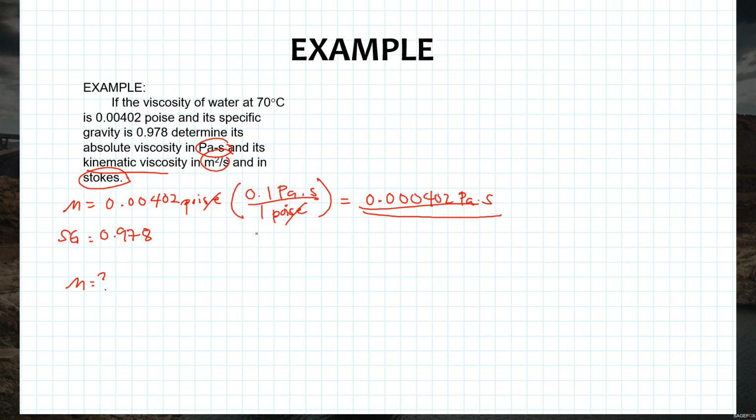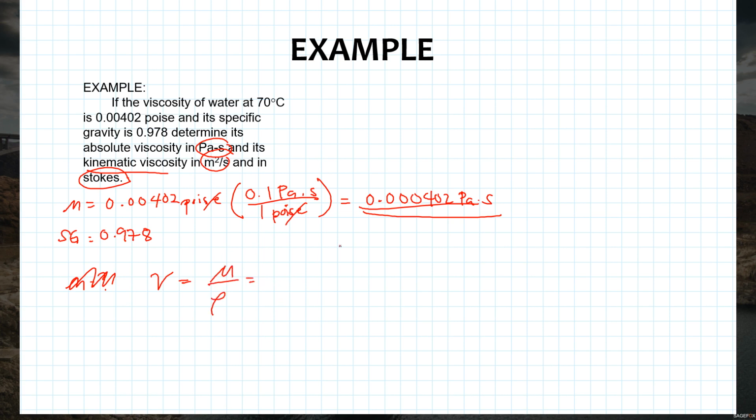Then the kinematic viscosity in meter squared per second. Okay. So the kinematic viscosity has a formula of nu is equal to mu over rho.